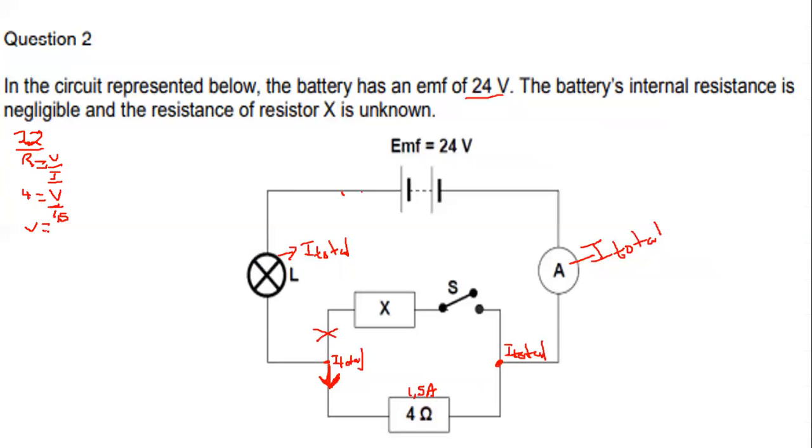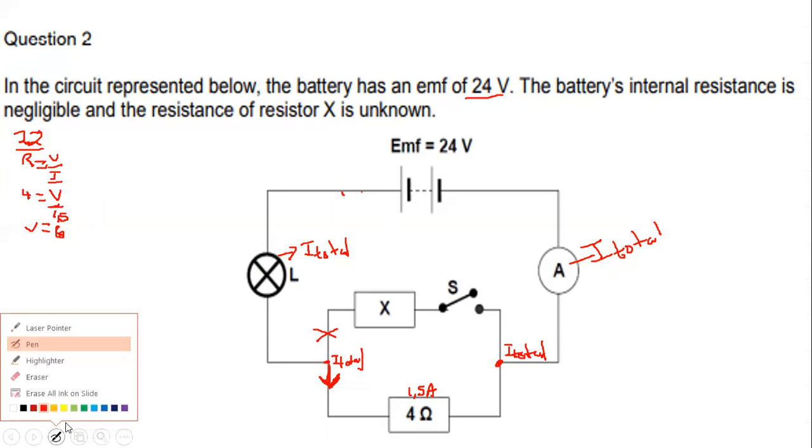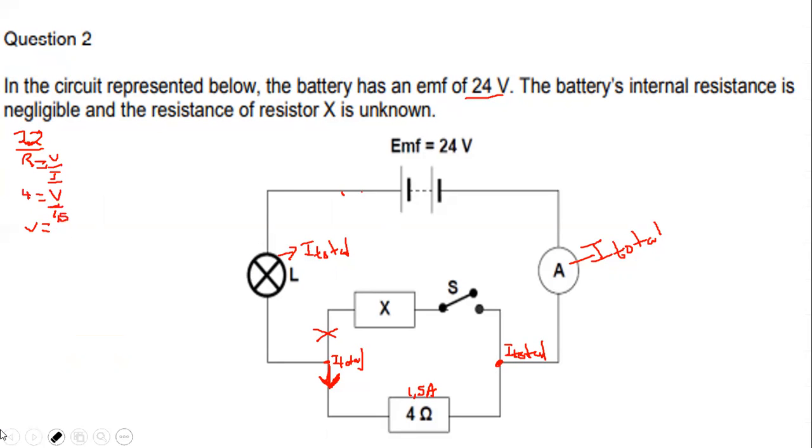Then to get the value of V, this is definitely going to give me 6 volts, and I will have 3 marks there altogether. So 6 volts means that is the number of volts that are used to move 1,5 amperes of current through a 4 ohm resistor.